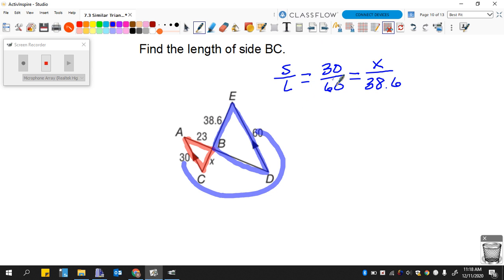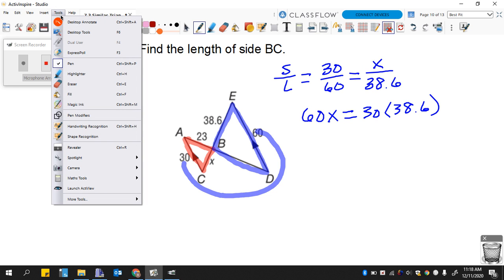All right. So then we cross multiply. So we end up with 60x is equal to 30 times 38.6. I'm going to multiply the 38.6.